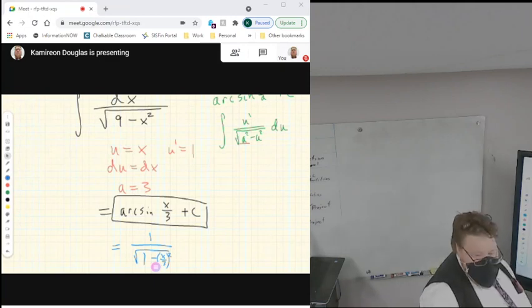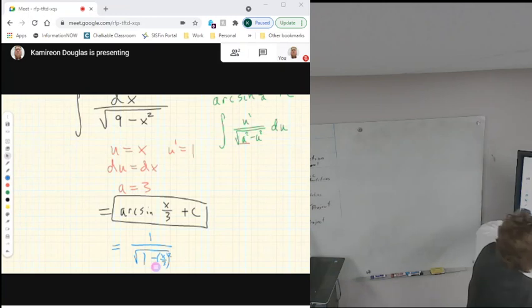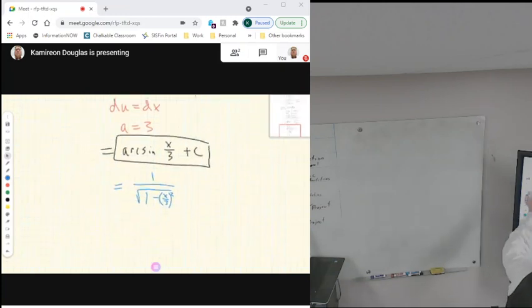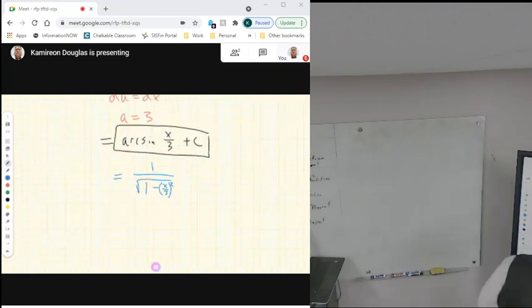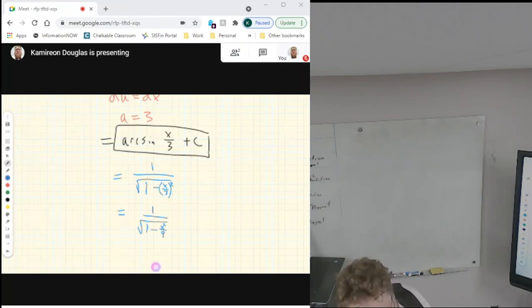So what happened? Well, that's pretty easy to figure out. This becomes 1 over square root of 1 minus x squared over 9. And then pull the 9 out. And when you pull the 9 out, it ends up causing the other side to become 9.